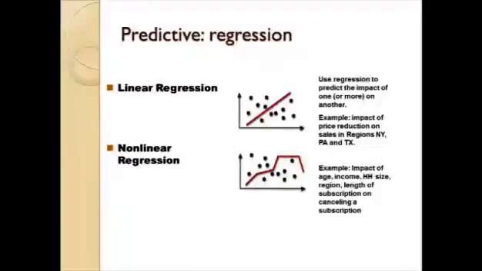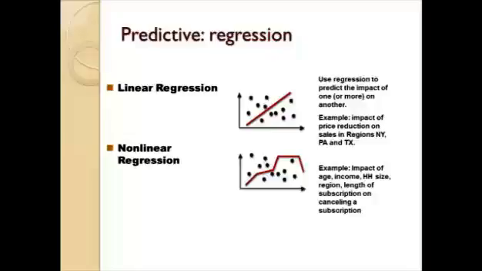The second type of predictive method is regression. Some of you have probably learned about it before in your stat classes. Regression is used to come up with a model that says, given an input variable, I can then predict what will happen to an outcome variable in the future.